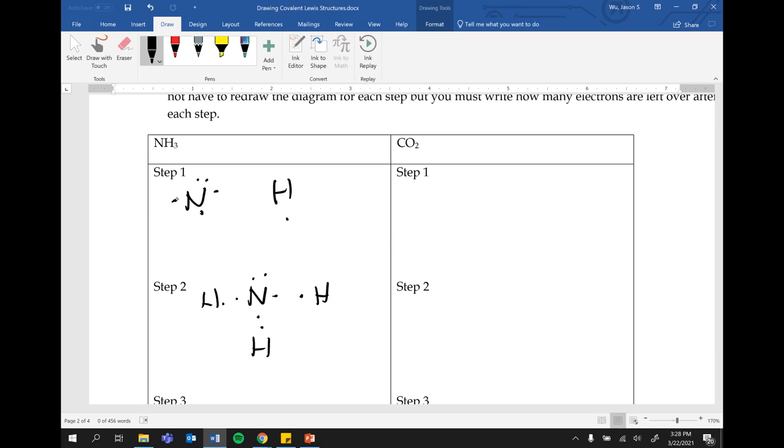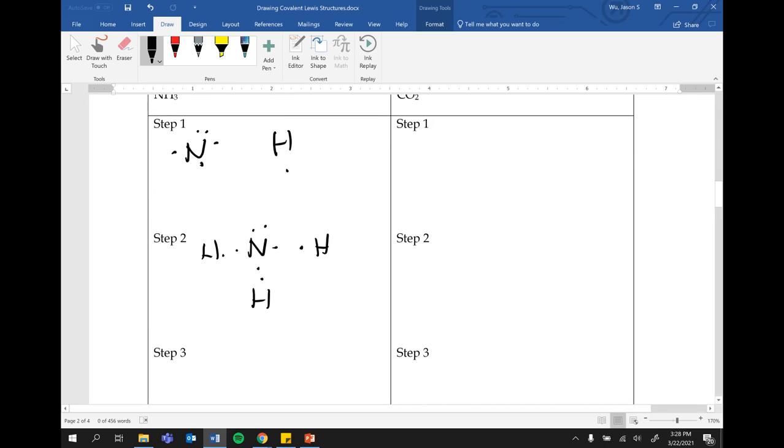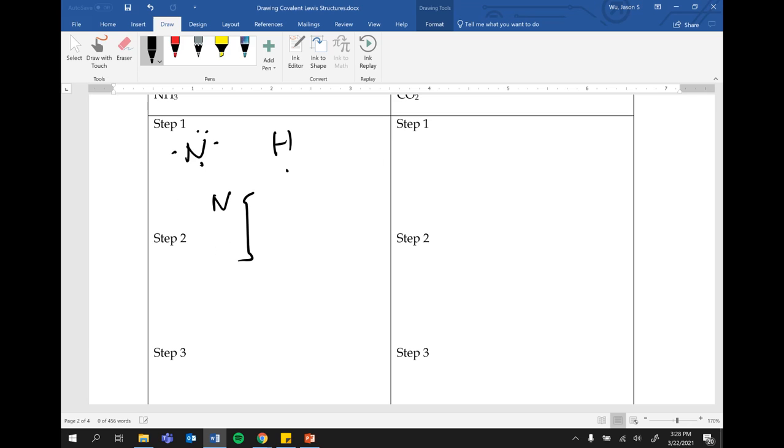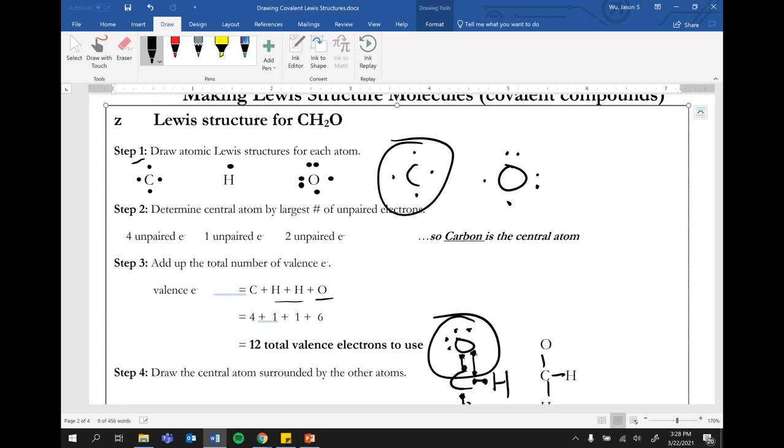The next step is to, well, actually, I think I skipped ahead. Step 2 was to count my number of valence electrons. So, in fact, let me just erase this.